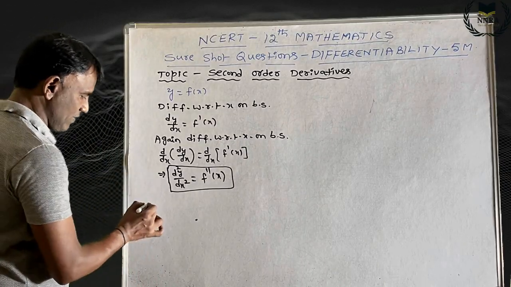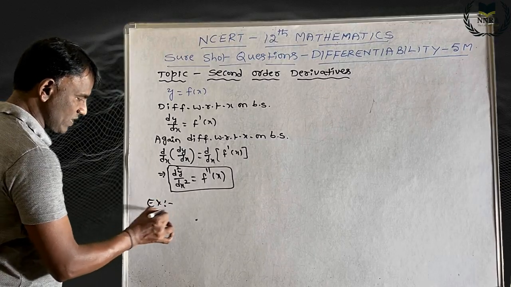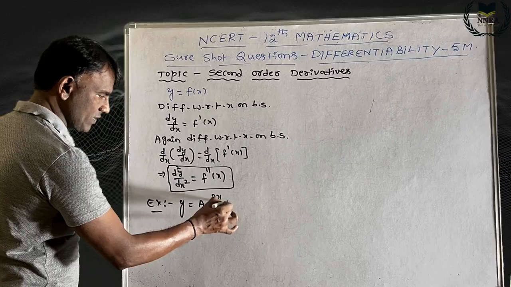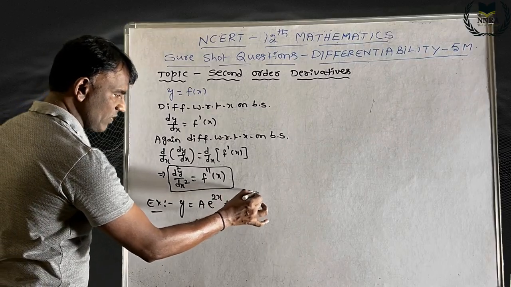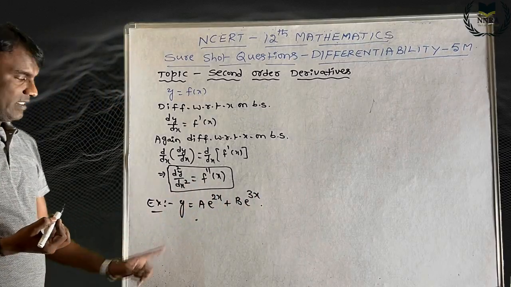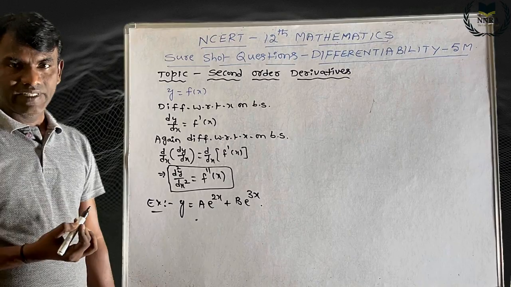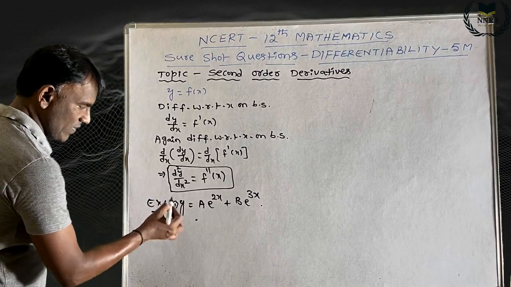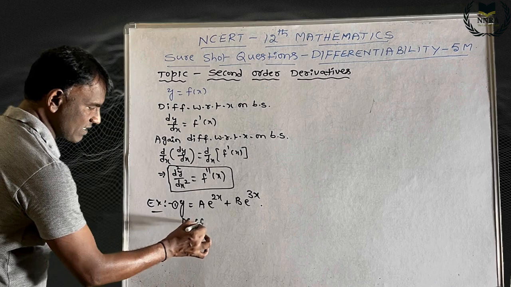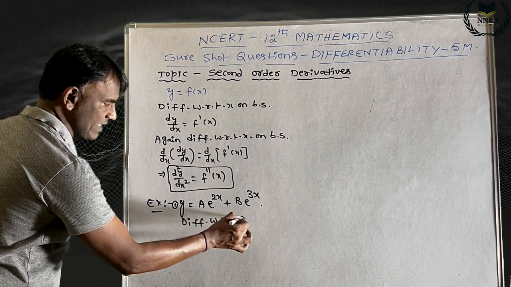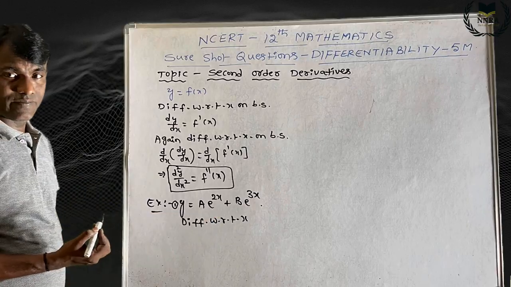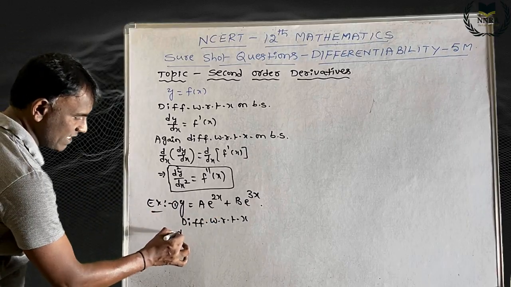Now see this example. Suppose that y equal to a into e power 2x plus b into e power 3x, where a and b are two arbitrary constants. Clear? Now this is the first question. Differentiating with respect to x on both sides, it is dy by dx.